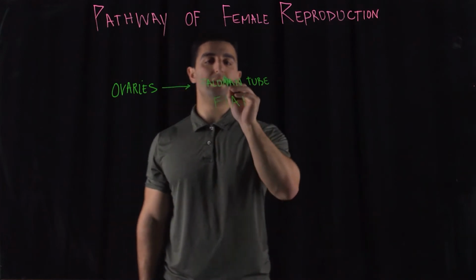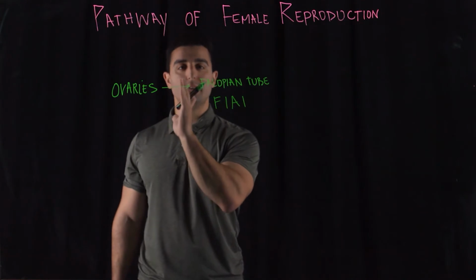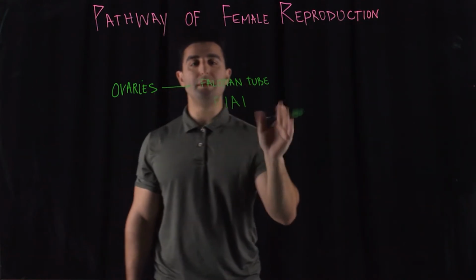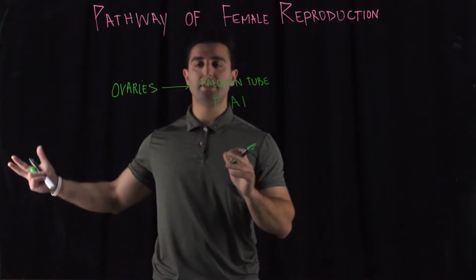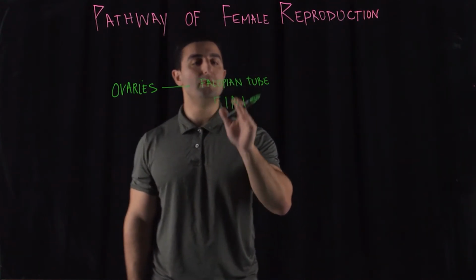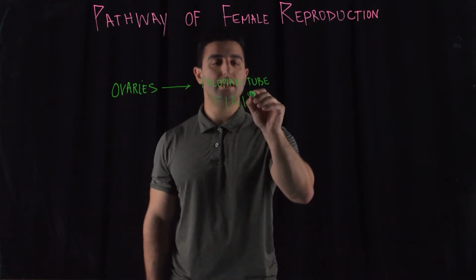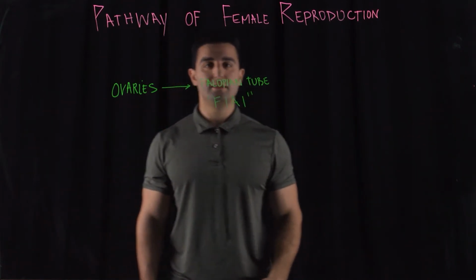So you have the fimbriae, the infundibulum, the ampulla, and the isthmus, going from the lateral to the medial side, so from outside the body towards the midline. So the FIAI.